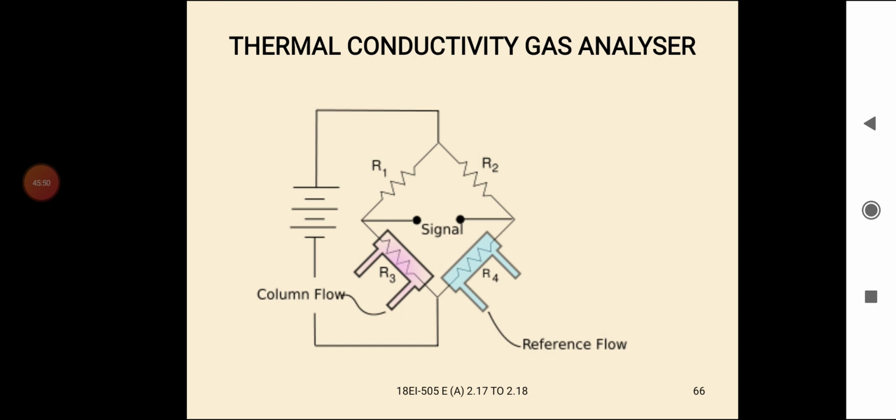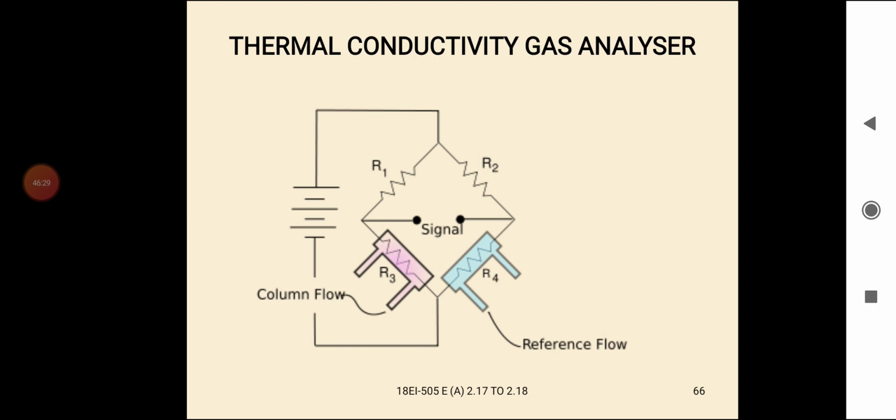The thermal conductivity gas analyzer circuit diagram is shown in the picture. One is a reference flow, another is a column flow whose sample concentration can be measured with the thermal conductivity principle.